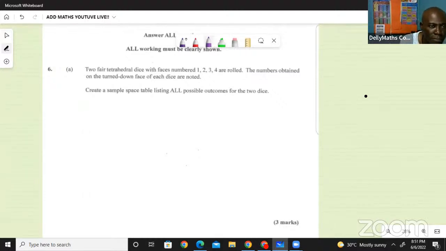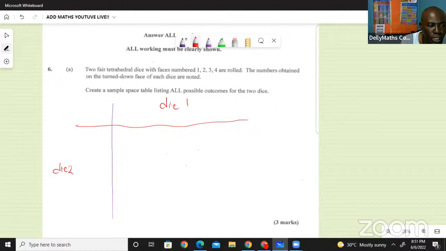In creating a sample space, we have to rule up a quick thing here. We probably have die 1 and we have die 2. The numbers are as follows: 1, 2, 3, 4, and we'd have 1, 2, 3, 4, because this die has 4 faces.